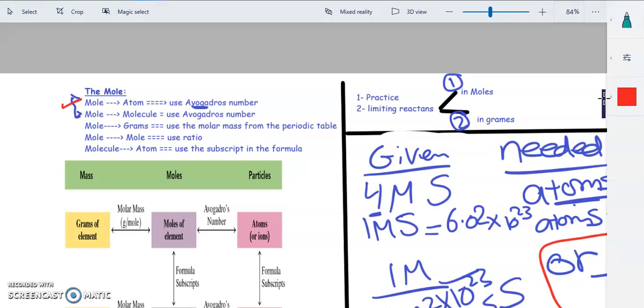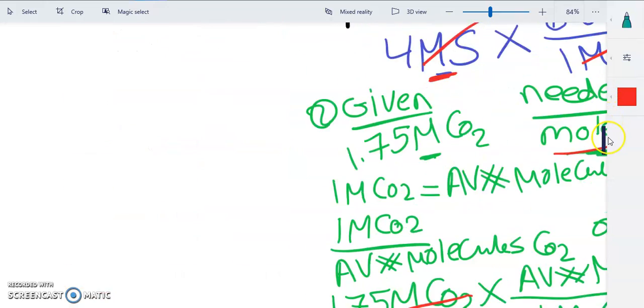So we did this, and then we did this, and now we will try to connect the mole with the atoms or the molecules and the grams. So we will be doing number 3. I think I will do number 3 in another video. It's better to put it all together in one video instead of cutting off the explanation. But I will just give you here an introduction about the molar mass.